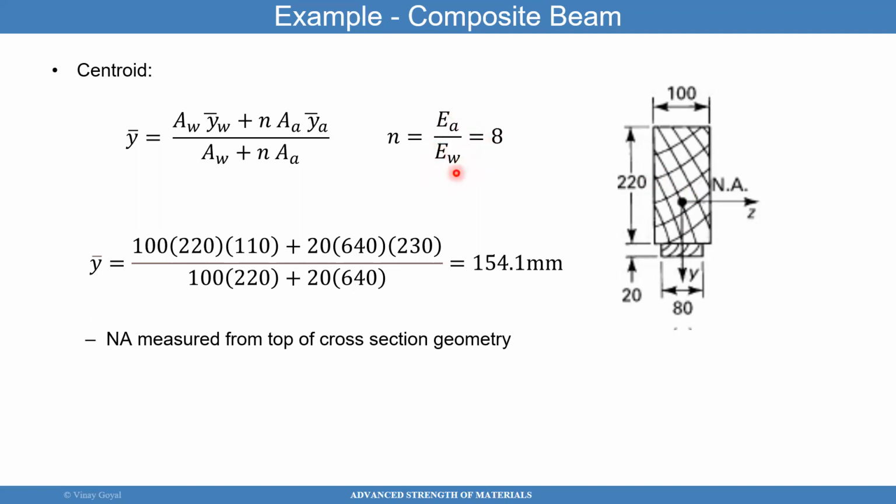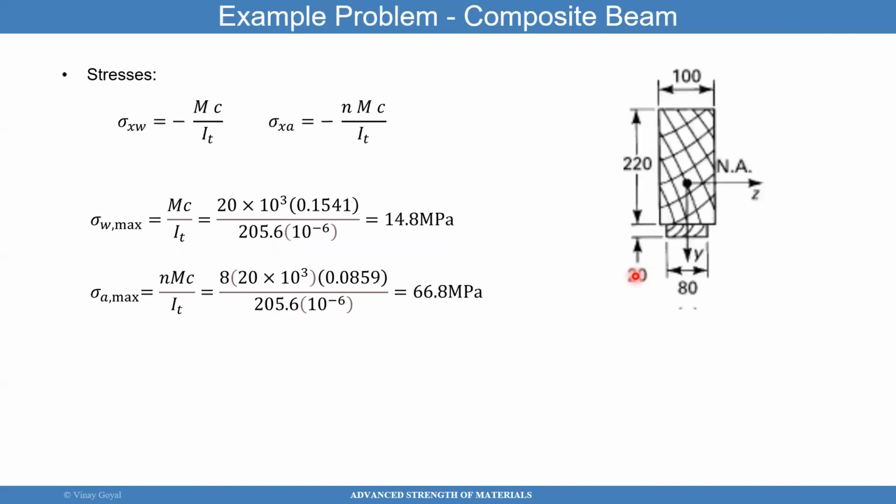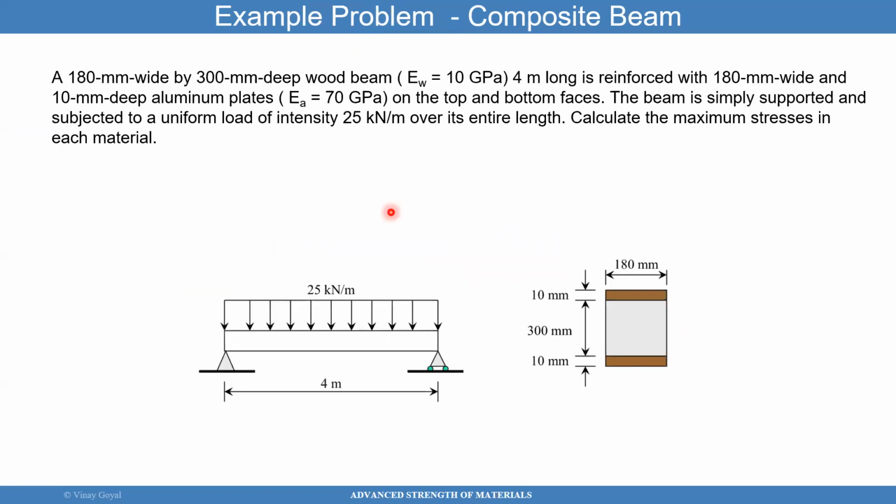But if you try the same analysis using aluminum as the reference material, which means EA goes in the denominator, and you get the same answer and show it to us, we'll provide you the extra credit. Here's a good example problem that I recommend that you try. And we'll be going over this later on.